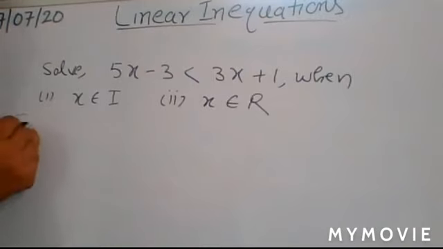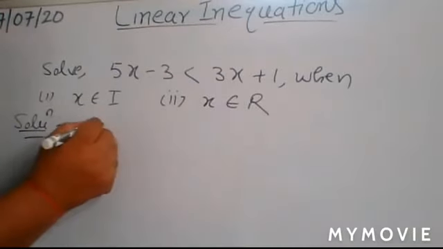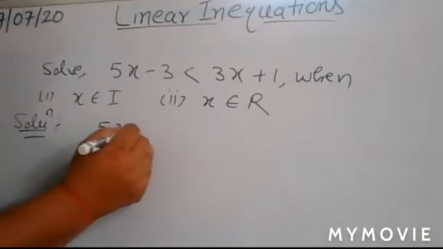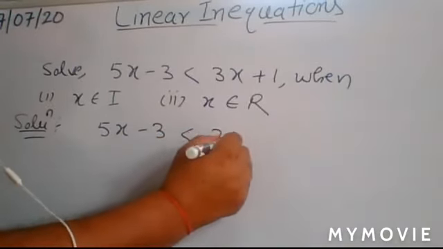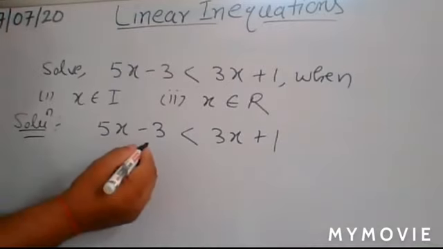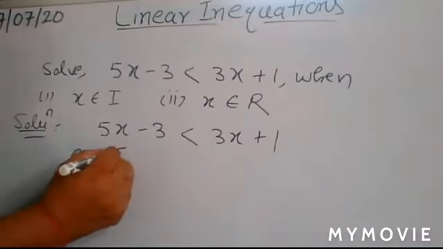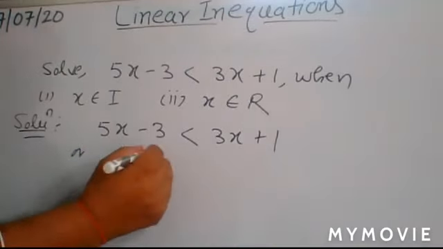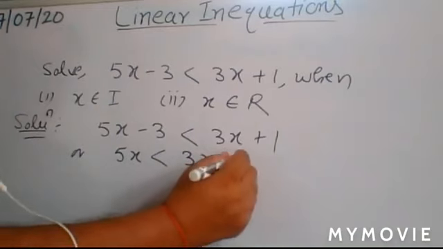First of all, you write your given inequality: 5x minus 3 less than 3x plus 1. Now you have to add 3 on both sides. So 5x, the 3 cancels out, and here you have 3x plus 4.